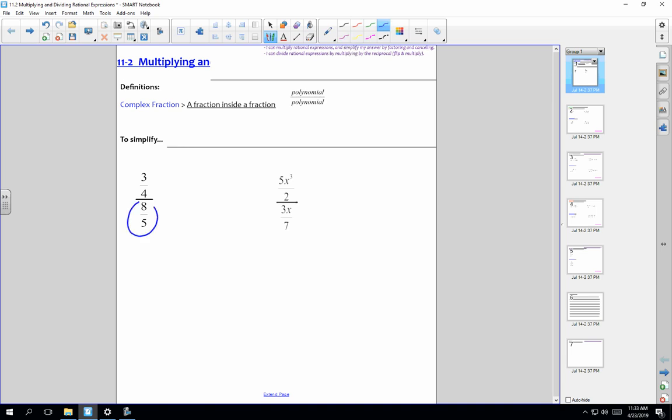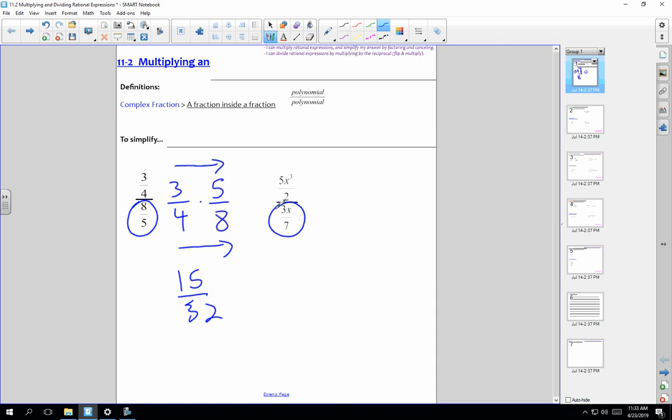Here's how we handle it. If you circle the bottom, take the 3/4 that's in the top of the fraction, multiply it by the reciprocal of what we just circled at the bottom. Look to see if there's any cross-canceling that can be done. There isn't in this case, so we multiply straight across. Second example, very similar.